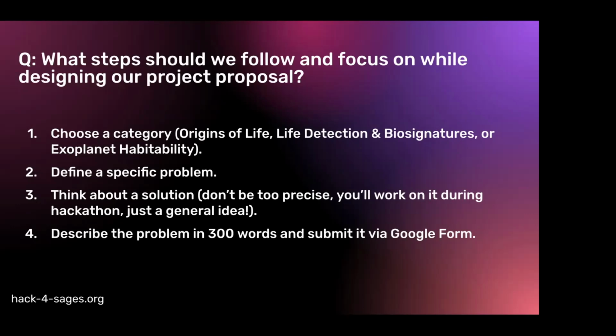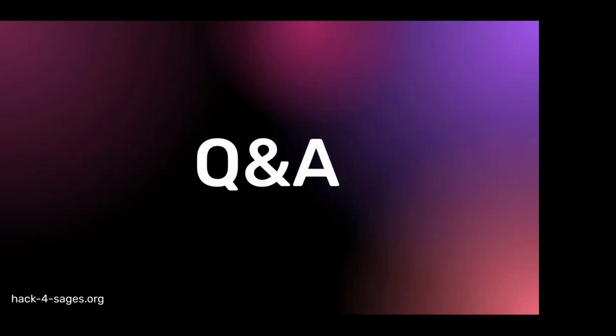And then think about a solution. But don't think about it too much, just something very simple. Maybe you have a couple of ideas. Just have a general idea of, okay, we have this problem in this field, and maybe this is how we could approach it. And then try to describe it in a maximum of 300 words and submit it via the Google form.